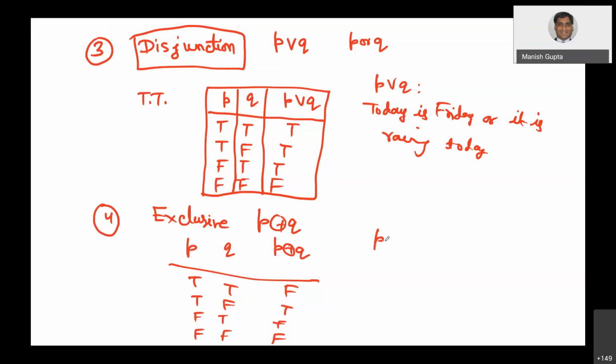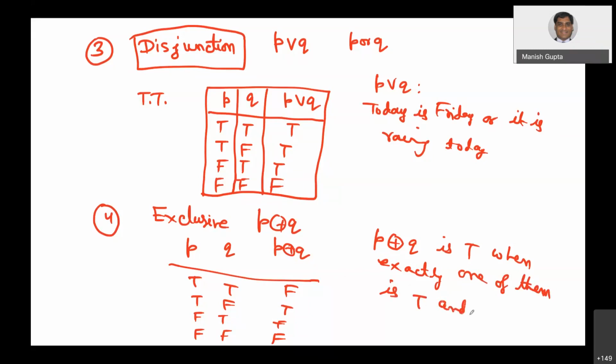So P exclusive Q is true when exactly one of them is true, and false otherwise. So this is the exclusive operation.